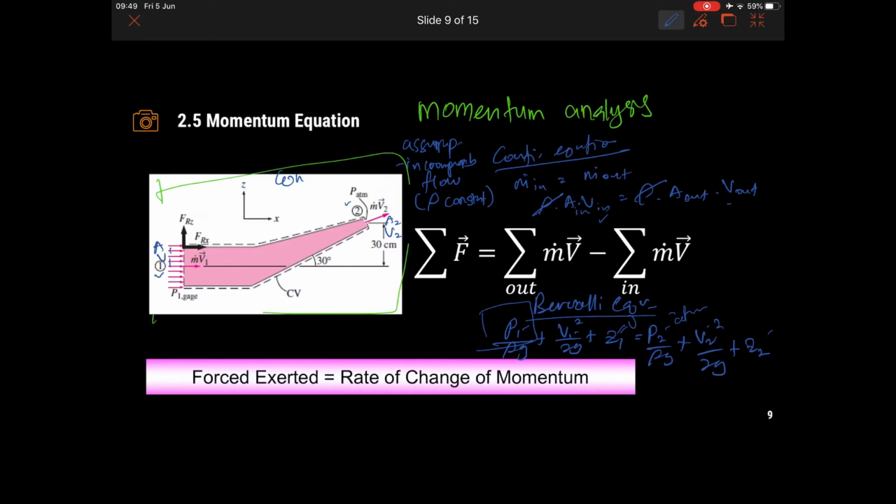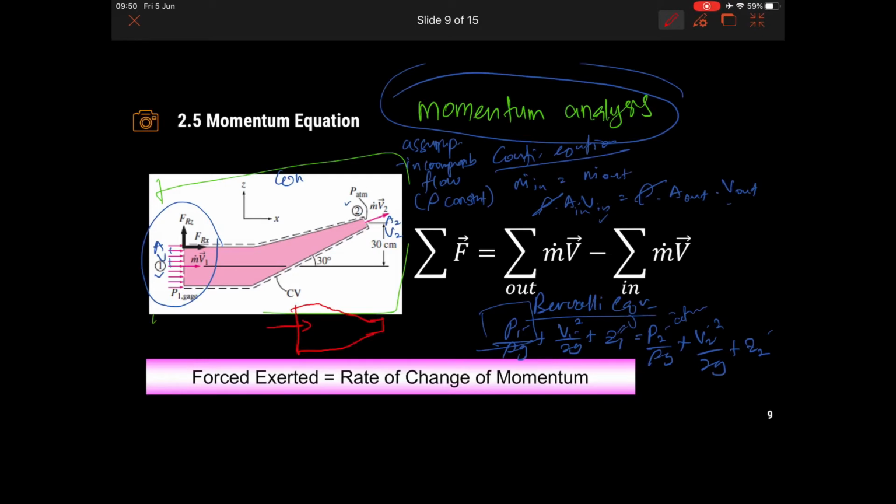Okay, another thing that I want to highlight in this video is momentum analysis. Momentum analysis says whenever you have flow with specific pressure and specific velocity at point 1, running through, let's say, a nozzle, as simple as this one, you have water coming in and coming out.